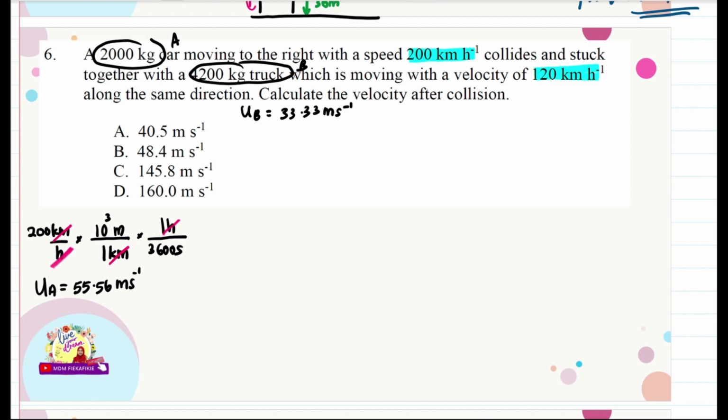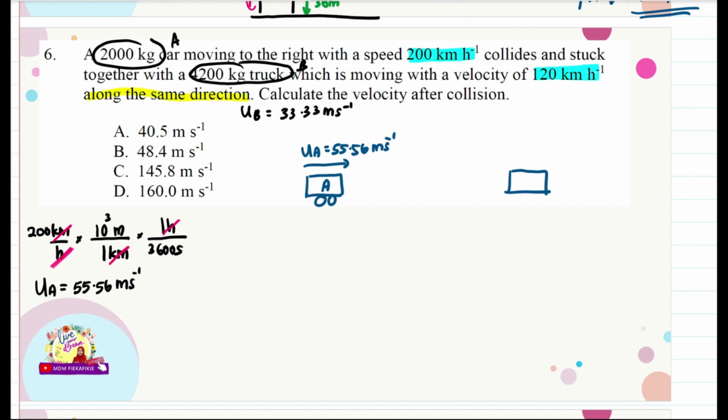Okay, so sekarang kita selesaikan. Contoh saya ada inilah car yang pertama A. So it's moving in this direction. So UA kita dah kira tadi, 55.56 meter per second. Okay, and then kita ada B, truck B, where truck B is moving with a velocity 120 km per hour tadi. Ayat ataupun perkataan along the same direction.